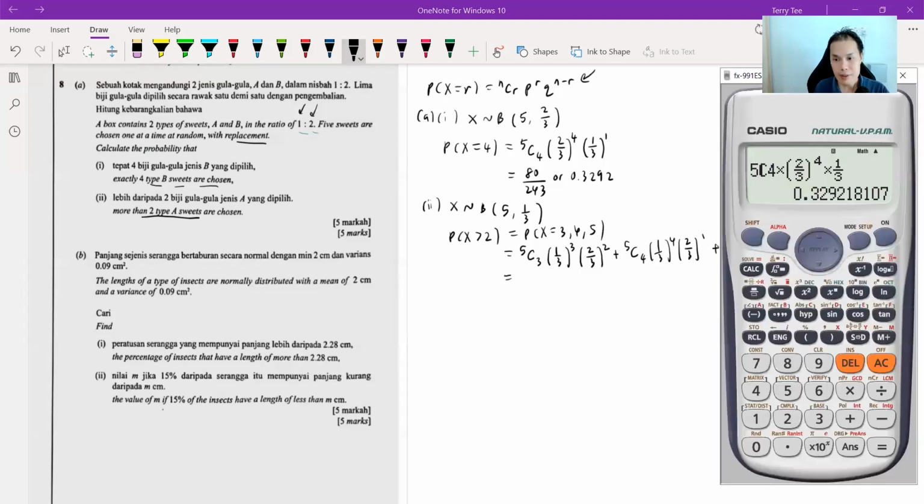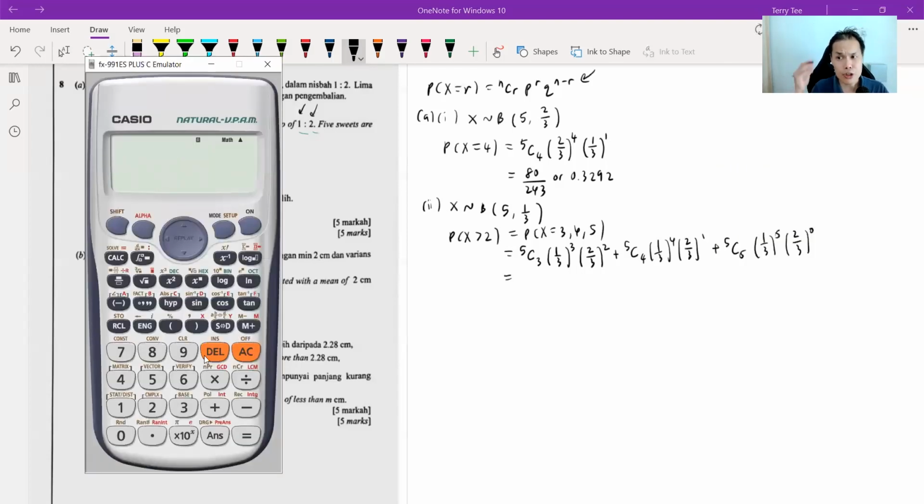One by using this calculator. All right, now notice we can use the summation formula for this calculator. We press Shift Log, that gives us a sum. I type a general formula 5C, instead of using a number, I use X. Yeah, X is alpha X here.